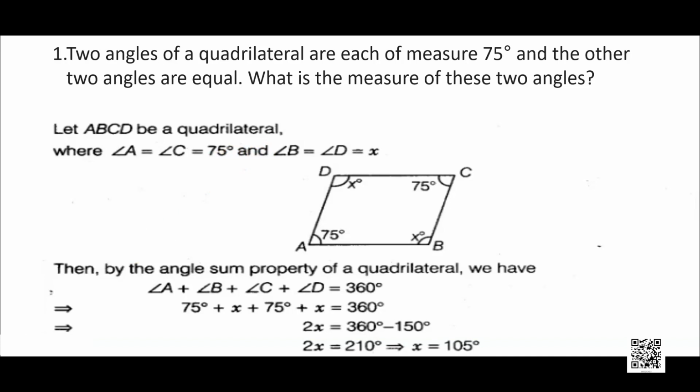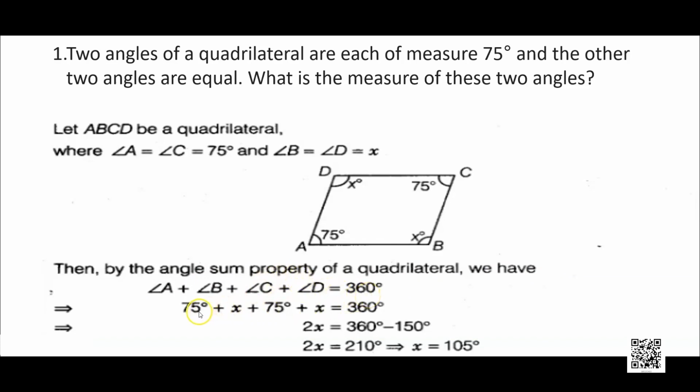Let ABCD be a quadrilateral where angle A equals angle C is given as 75 degrees each, and the other two angles, which are the angle B and D, are not given to us, so we assume them to be x degrees each. Then by the angle sum property of quadrilateral, we have angle A plus angle B plus angle C plus angle D equals 360 degrees.